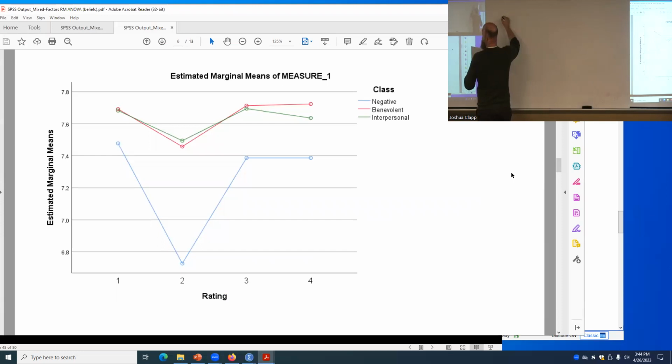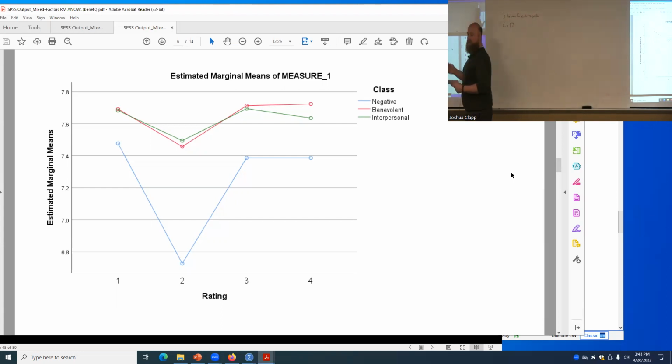So I've got 3 between-group comparisons for each of the 4 vignettes, so that's 3, 6, 9, 12. That's 12 differences here.